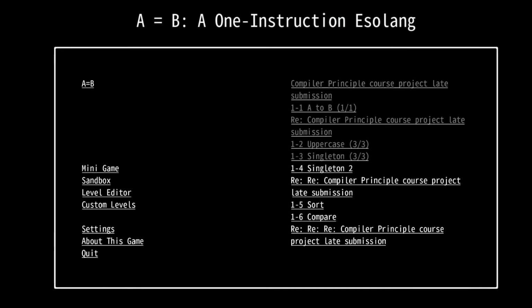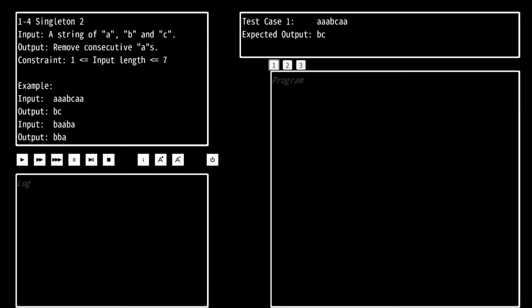Sorry, stuff is going on. Singleton 2. Remove consecutive A's. So just A's? Oh, but it's like... Okay, wait, this one's tough already.